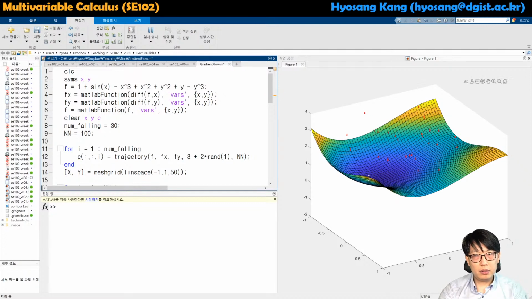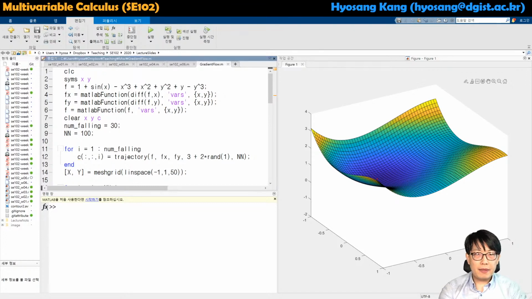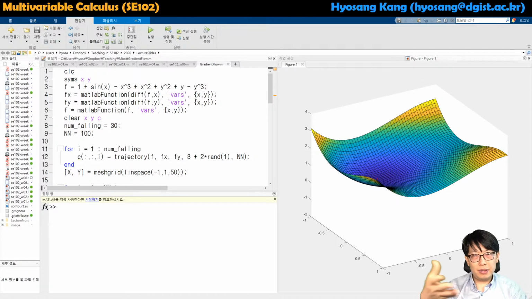Well, that can be a little bit. Okay, I gave a little bit of wiggle here, and you see that if it moves slow, then the length of the line is short. If it moves fast, the length of the line is long. It's not intended, but it's actually what MATLAB does.